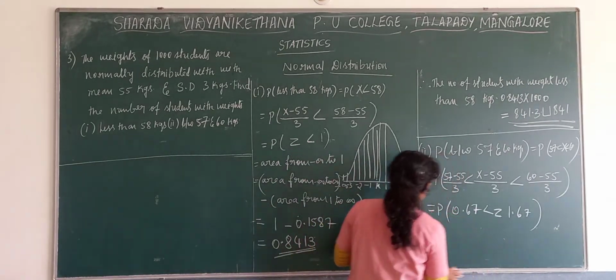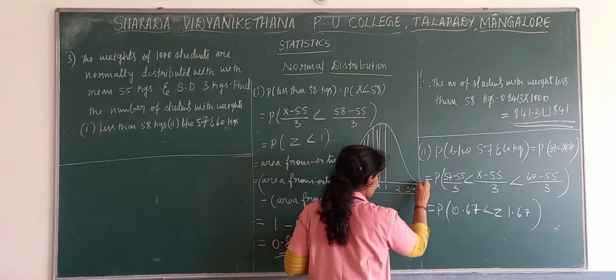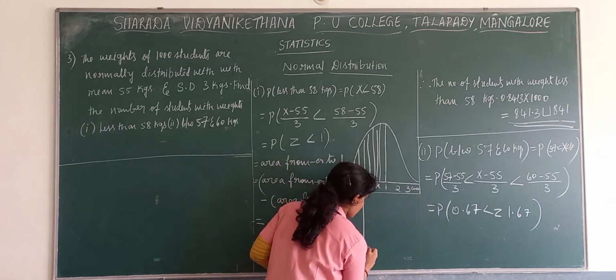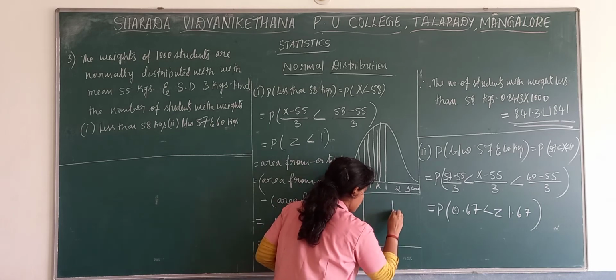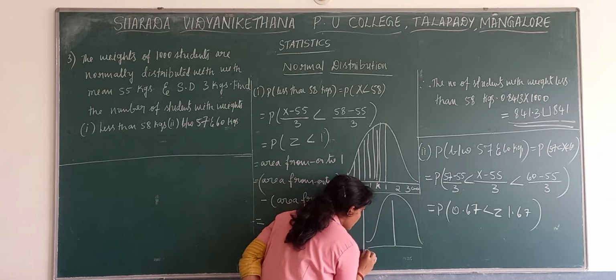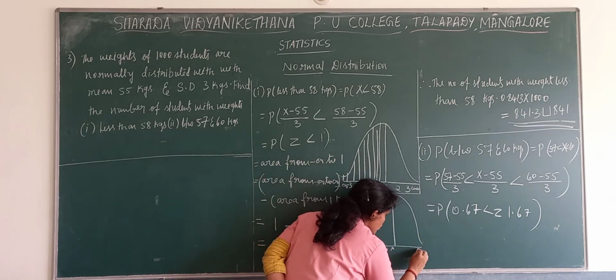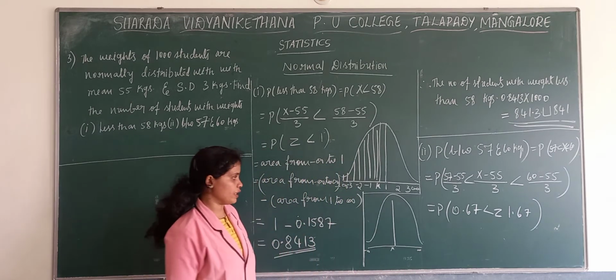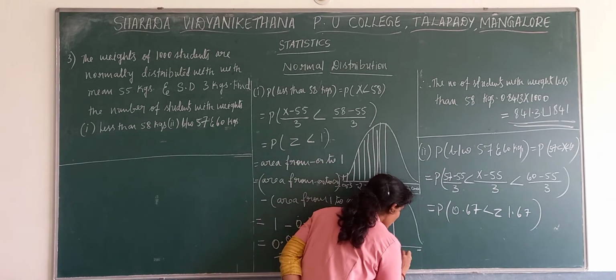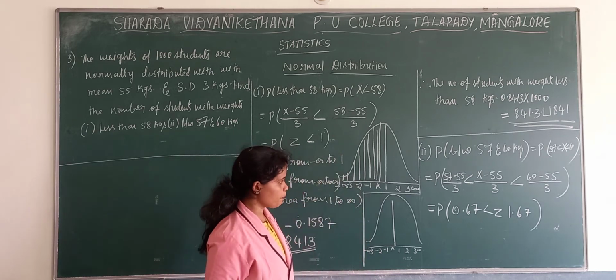Now show this in the form of a graph. I will draw it here. Take the graph here. Here minus infinity, mu, positive infinity. So here 1, 2, 3, here minus 1, minus 2 and minus 3.